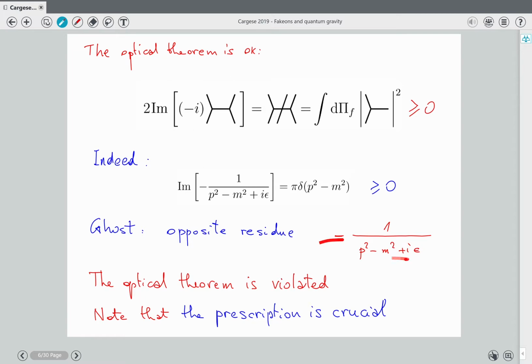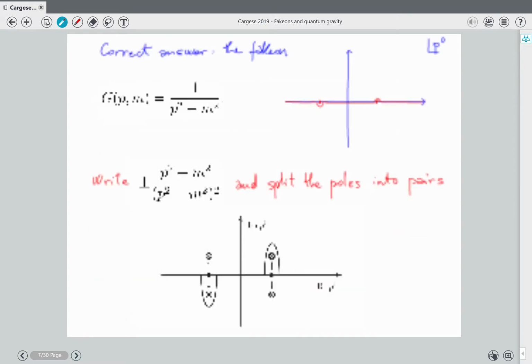Both signs would be okay, but the propagators with plus i epsilon and minus i epsilon cannot coexist in the same quantum field theory for reasons that I cannot explain here, but they basically lead to violations of the locality of counterterms and very bad non-local divergences. Those are out of the question. You need something more. Let's see what the answer is.